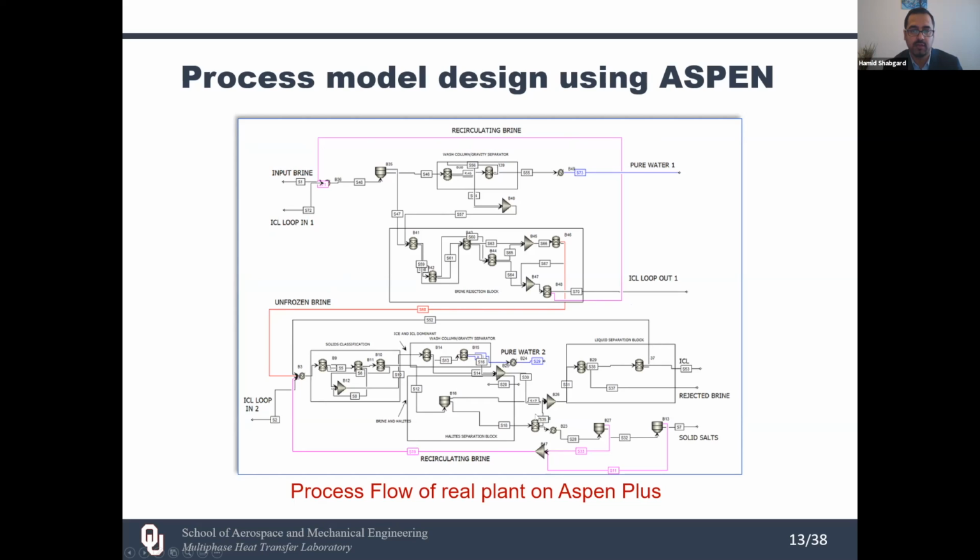You can connect them like what you see here, and you can link it with OLI to take care of the chemistry in the freezing process, in the melting process. And by developing a model like this, including all the components that exist in the system, we can determine how much energy we need to complete this process, what fraction of the input brine we can recover as purified water, and what fraction of it should be rejected as unfrozen brine.